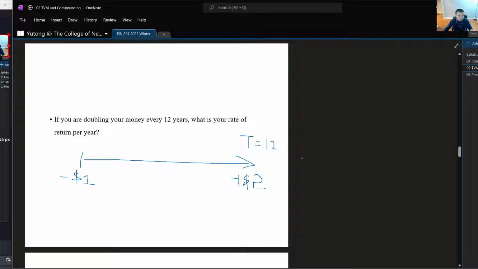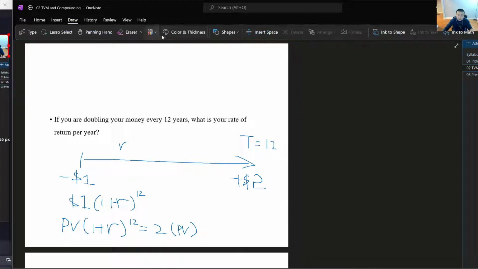So you want to double your money in 12 years. What's your per year return? Basically the same: for every dollar I'm investing with a return over 12 years, the same formula. The present value times 1 plus R over 12 years should be 2 times the present value.